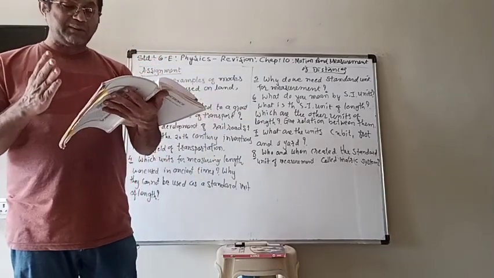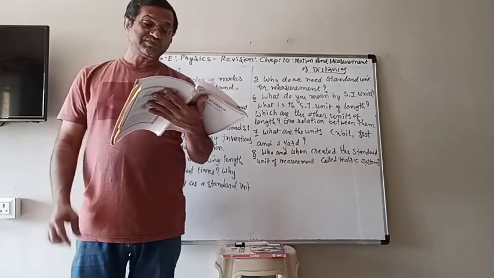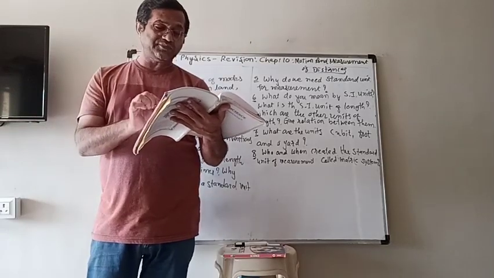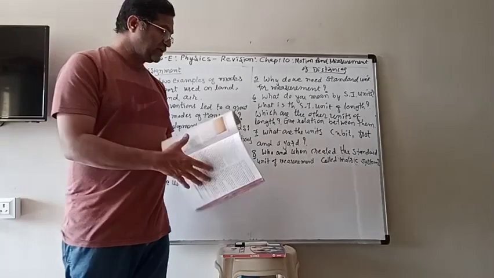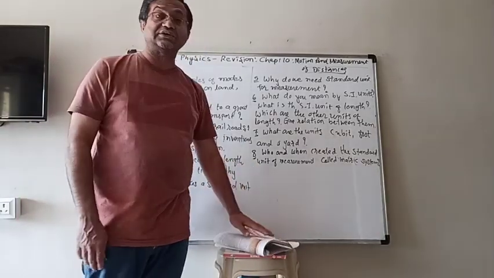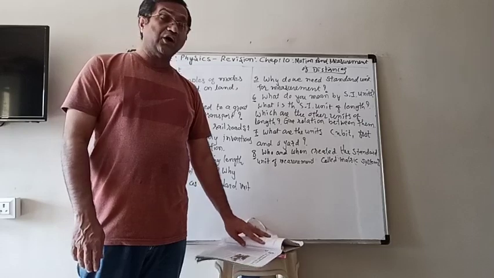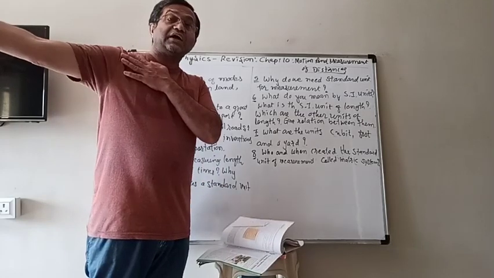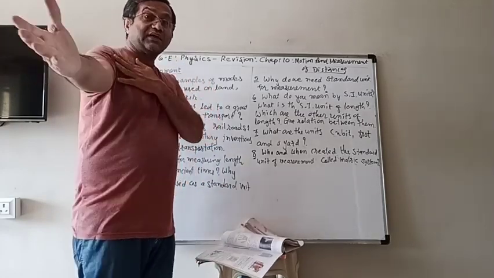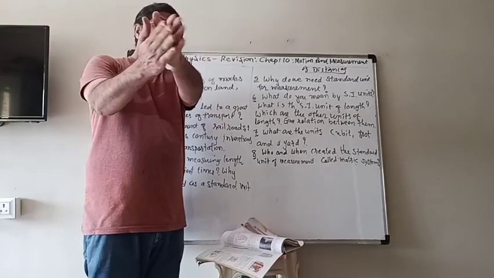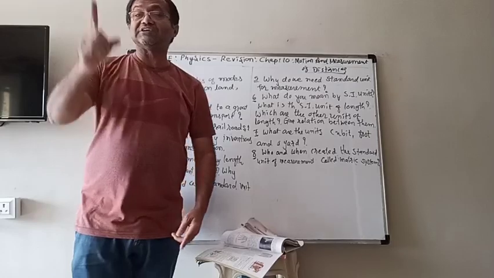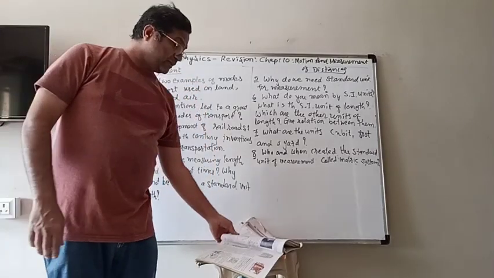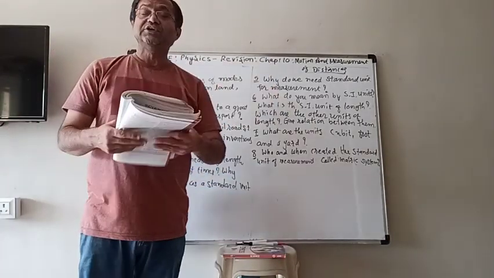Then people measured a yard of cloth by the distance between the end of the outstretched arm and their chin. It means how did they use that unit? They outstretch the arm like that, and then from here to their chin, the length is known as 1 yard. Still, some people use that.